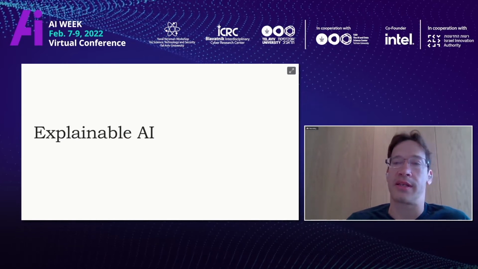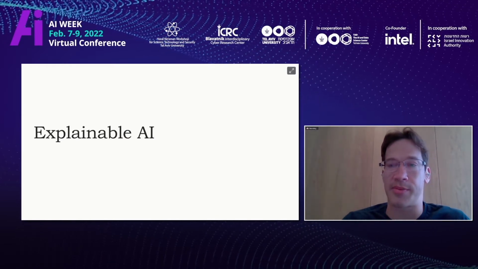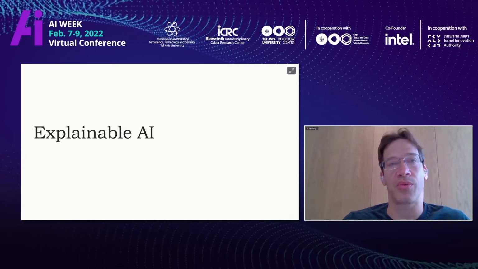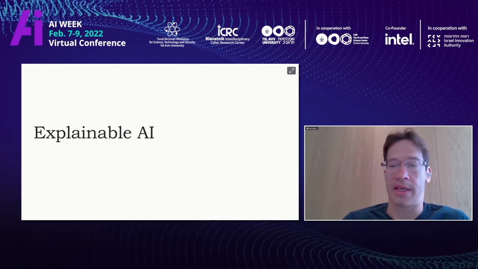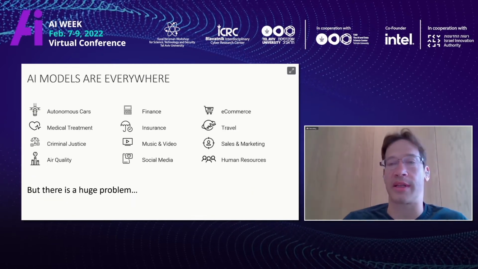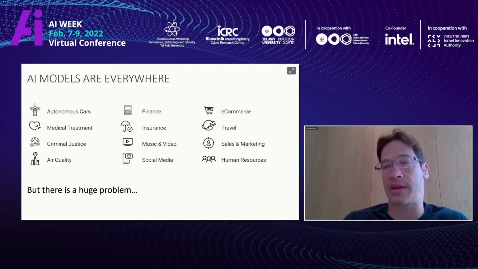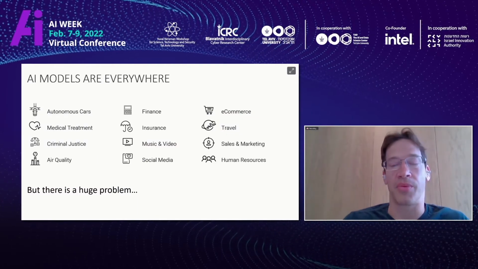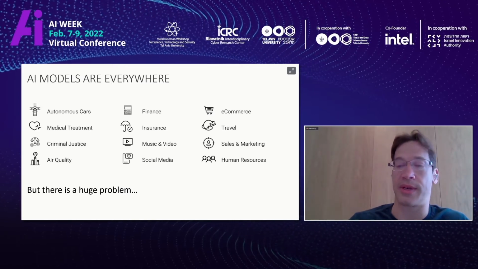So as AI is moving into all of these disciplines, there's a question: how can we interpret what AI is doing? This is especially a concern given that AI now plays a role in finance, insurance, medicine, and so on. We need to understand what AI is doing.